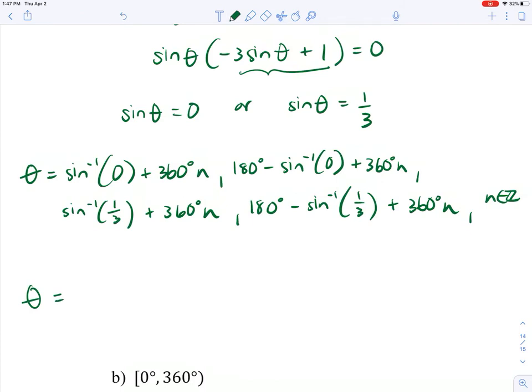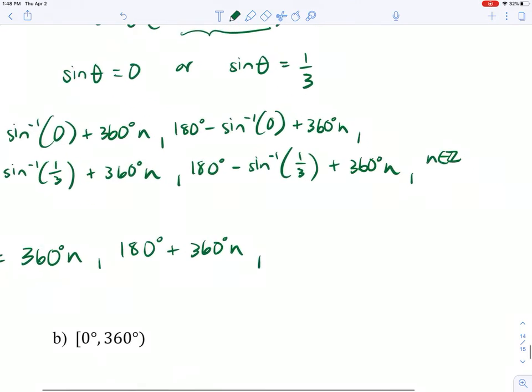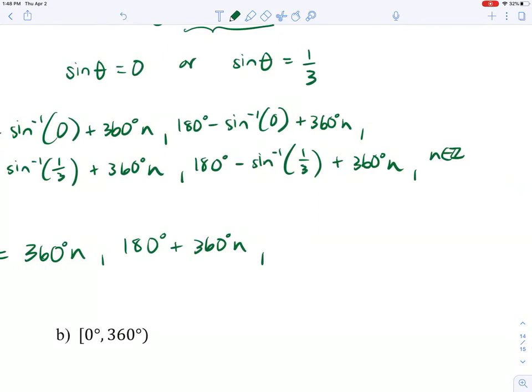And then we can just clean that up a little bit, since we know what inverse sine of 0 is. Inverse sine of 0 is 0. So that's 180 plus 360 times n.